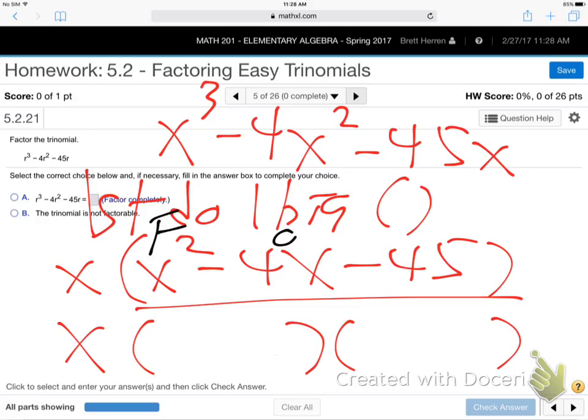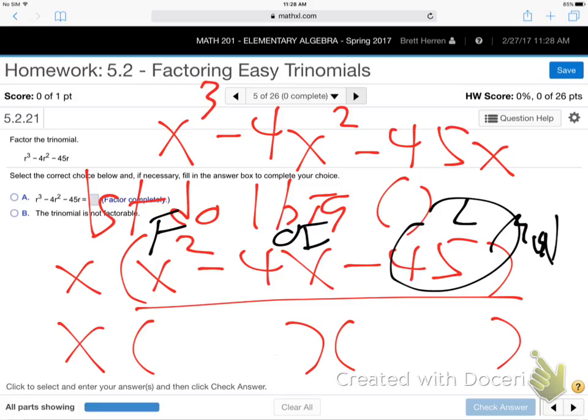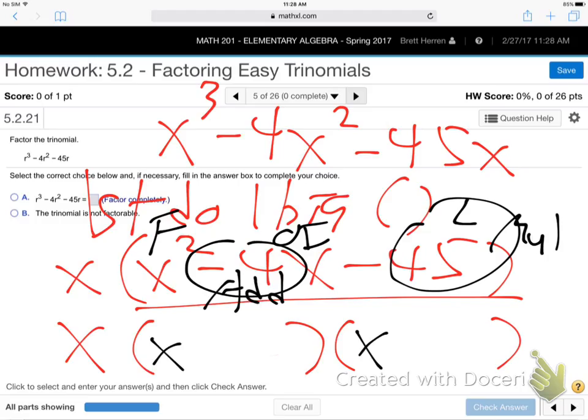It multiplies to be that guy right there, and adds to be that guy. So x is in the front. Is that good so far? You getting that?